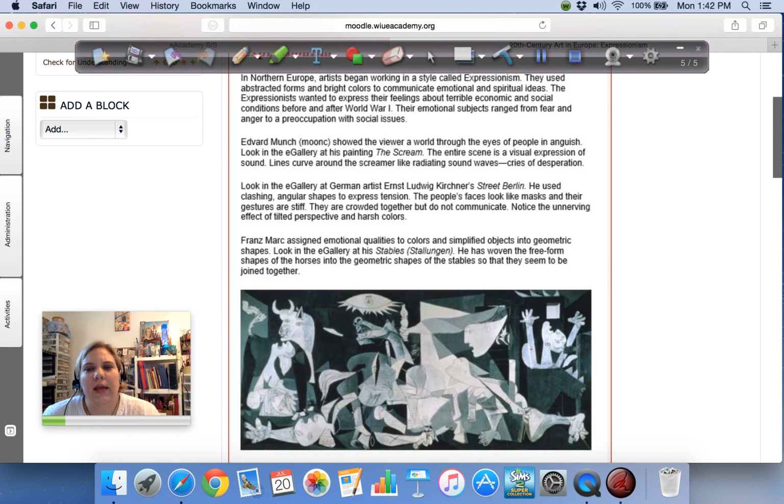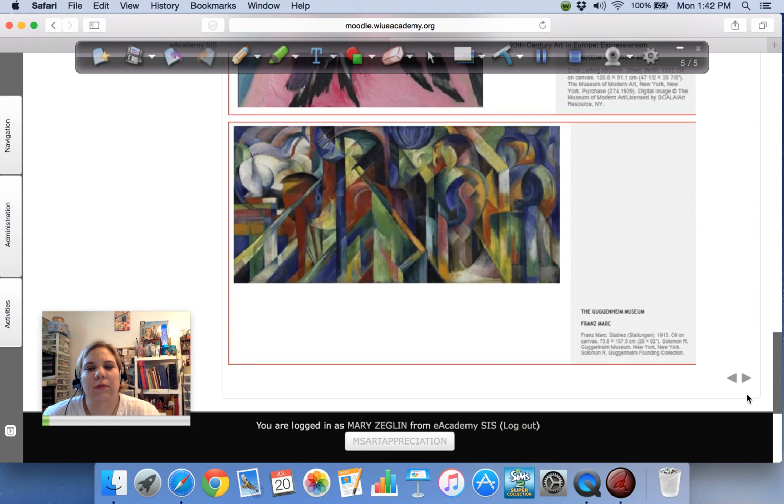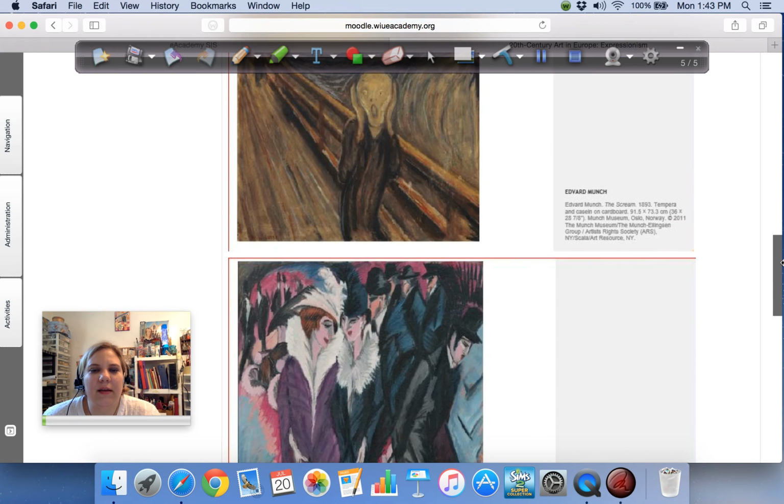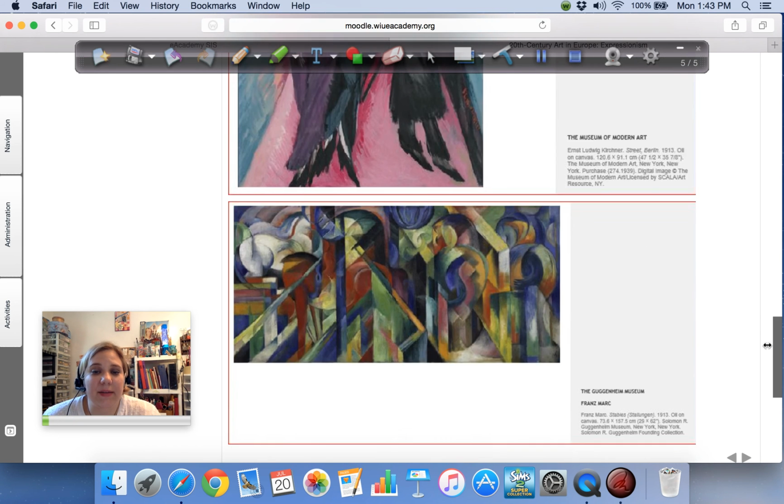Then we are going to go down to Franz Marc's Stables. Now we are starting to get more abstract here. I can see a figure of a horse here, but this was in 1913, and an abstraction is taking something and breaking it up into shapes and colors, and this is happening a lot more than in these other paintings.